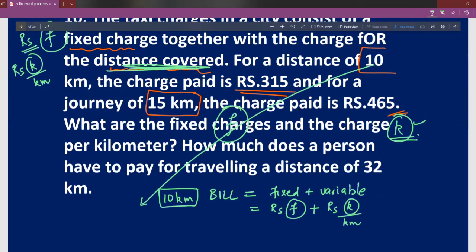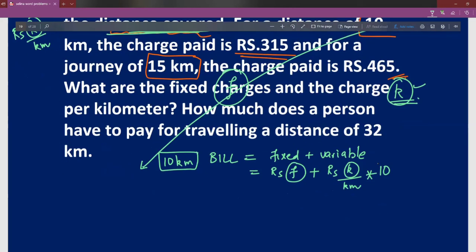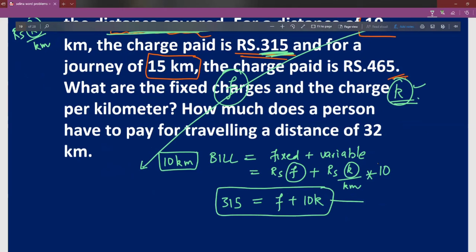So for 10 kilometer, this needs to be multiplied by 10. I hope you are getting the logic. So this will be equal to F plus 10K. I am ignoring the rupees, and we understand that the bill amount in this case is rupees 315. It is mentioned here. So this is my equation 1.